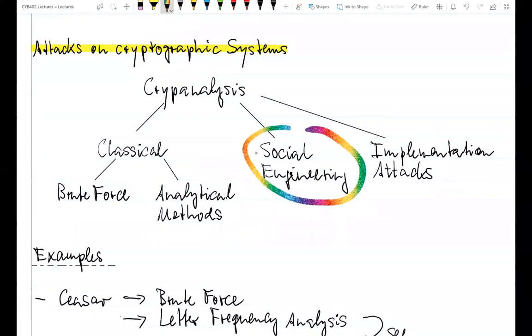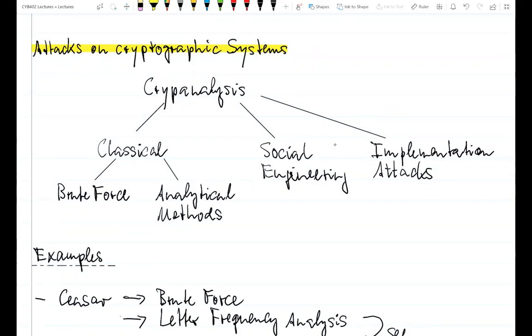All right, so apart from that, and which is actually not any of our concerns, there is social engineering. Social engineering seems to be a low-cost way of stealing plain text by luring people into something.